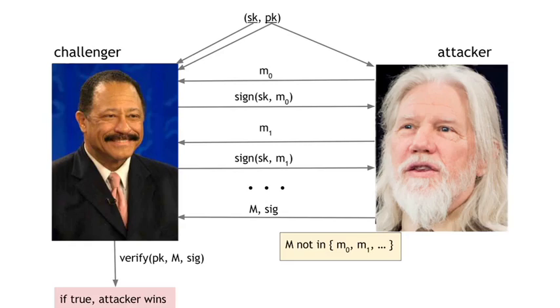And if we want to get really precise, what we say is that the attacker's probability of winning this game is negligible, and that that's true no matter what algorithm the attacker is using. In other words, we're going to say that the signature scheme is unforgeable if, no matter what algorithm the attacker is using, the attacker has only a negligible chance of successfully forging a message.